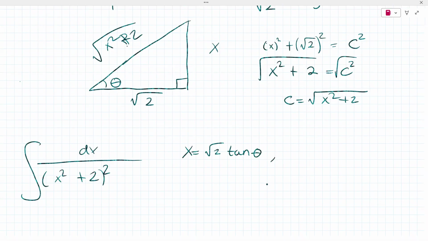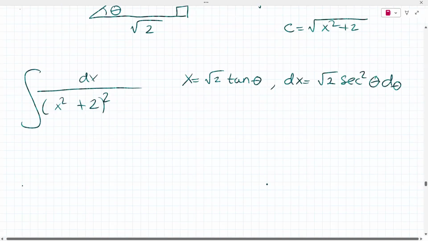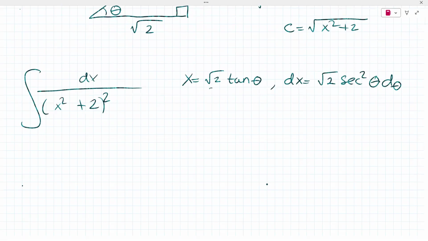Let's find our dx, because we're going to need that. The derivative of x is, well, radical 2 is a constant, so bring that down. And then the derivative of tan theta is secant squared theta d theta. And then just substitute it back in. So you can replace x with radical 2 tan theta, and then you can replace dx with that.